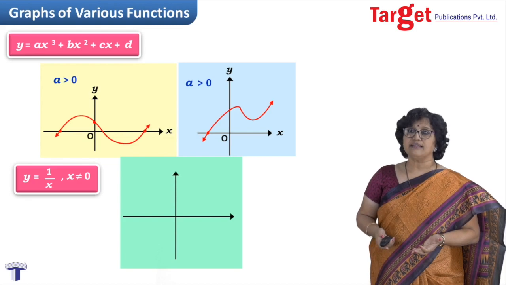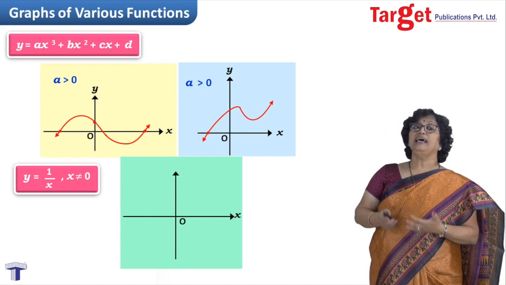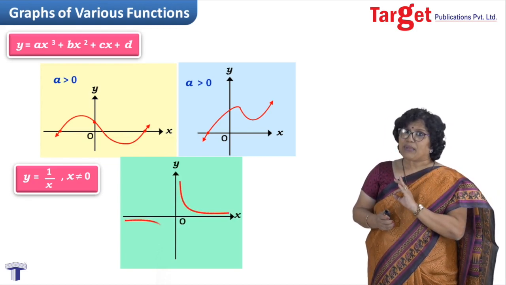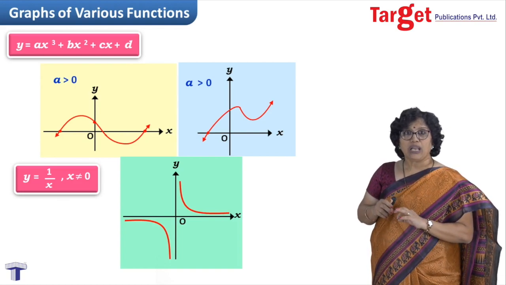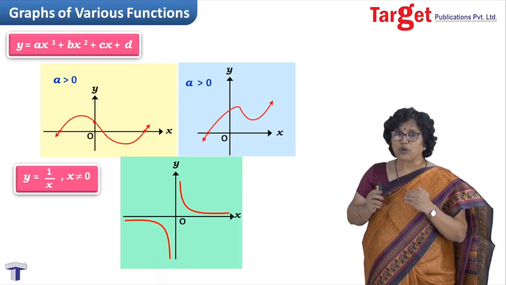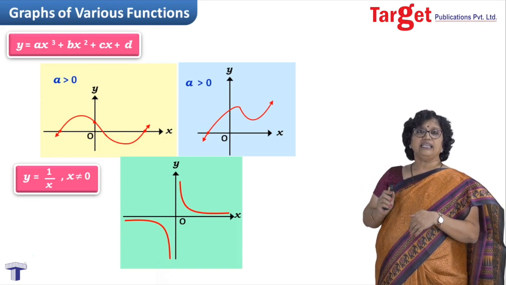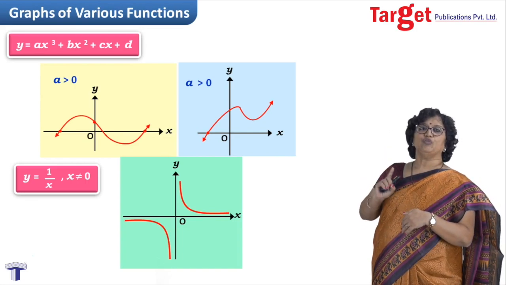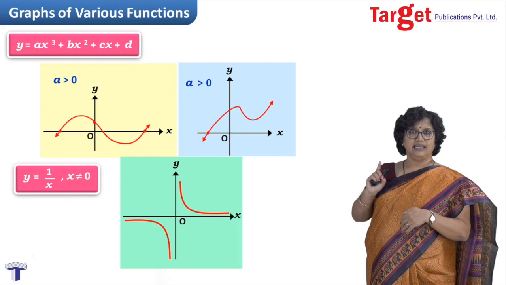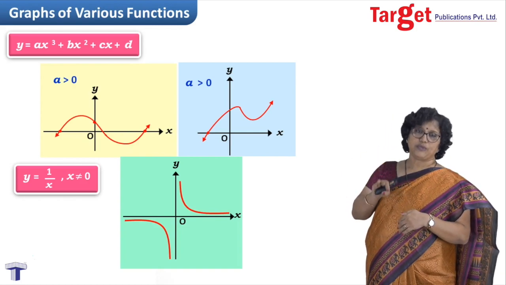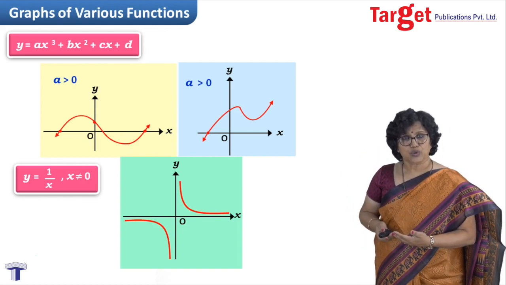So draw x-axis, y-axis, show the origin, and keep these things in mind: when x is very small, y would be too large. I'm talking about positive x. And then keep increasing x, you will start seeing that y decreases. And similar behavior you observe in the third quadrant also.